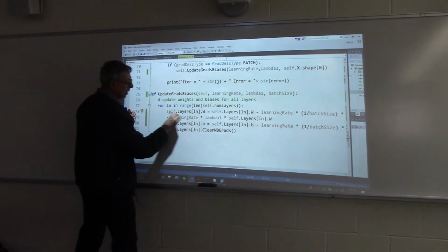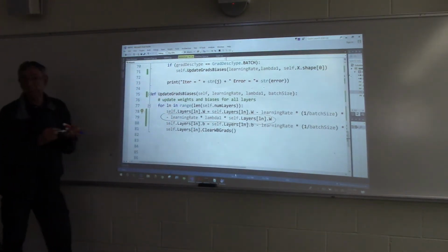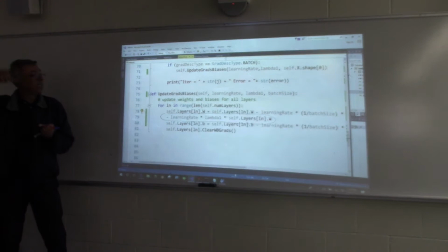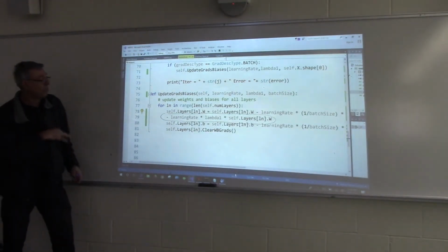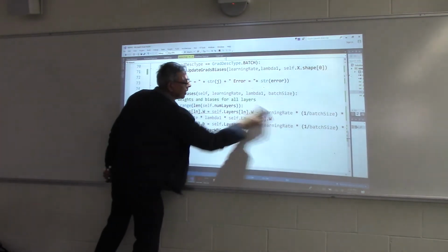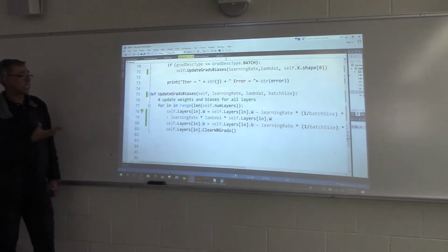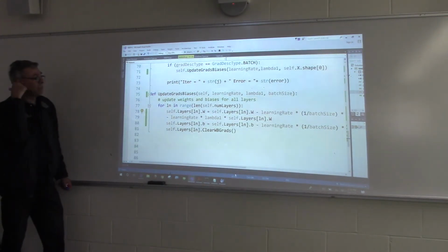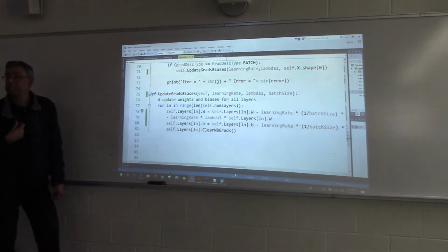Minus the lambda w. And why did we add this? Because of that lambda w square in the cost function. Okay, so anyway, this may not give you better results on our existing data, but like I said, as we play with more complex models, you'll definitely see improvement if we add this regularization.